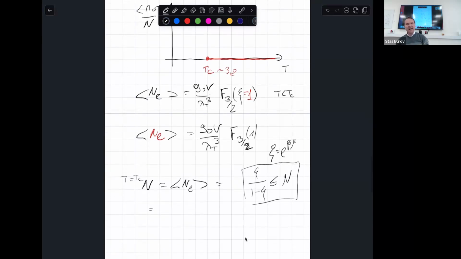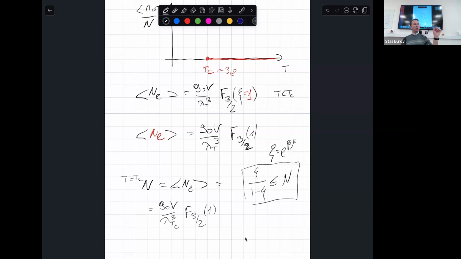Okay? So exactly at critical temperature, the total number of particles is G0 V over lambda, and we call it TC, to the third power. And here we have F3 halves of 1. Why again is it 1?